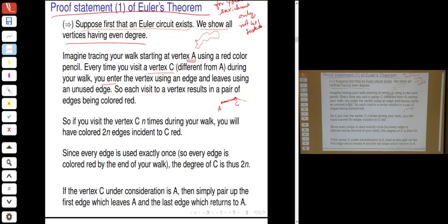So you enter C by an edge and you exit C by a different edge.